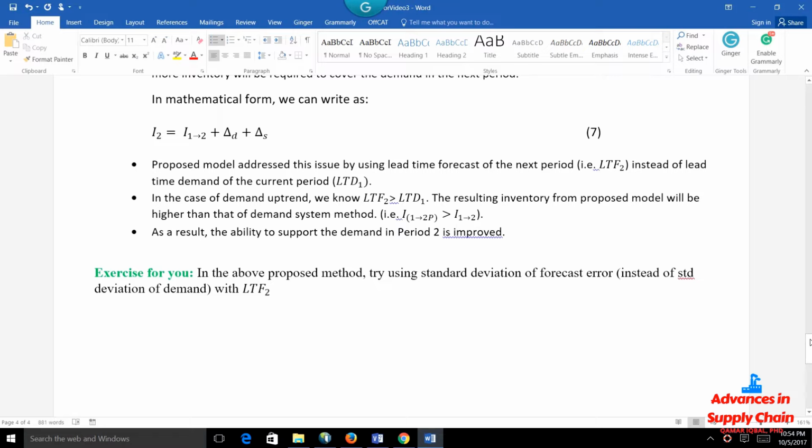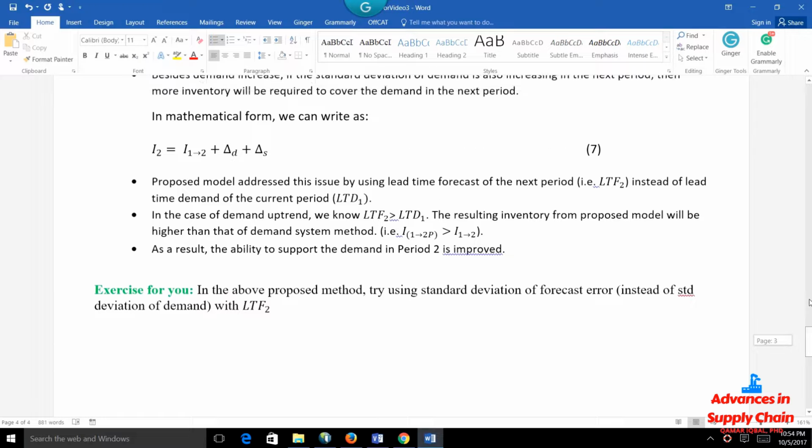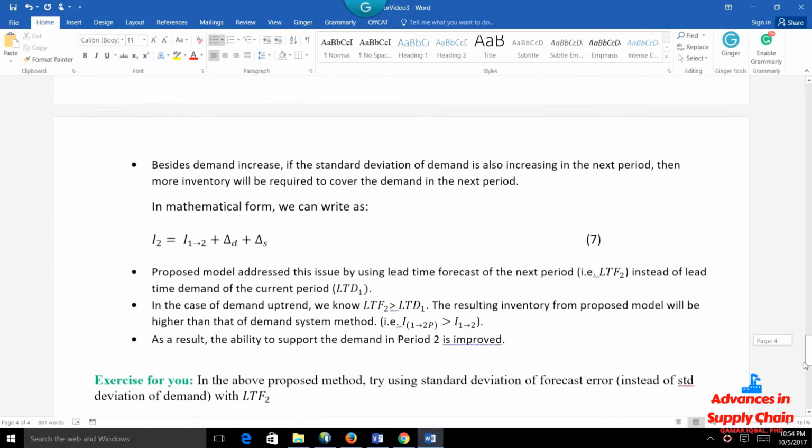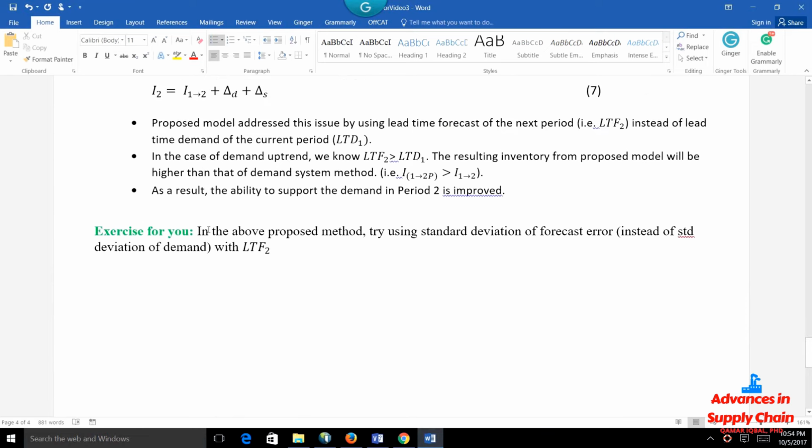Okay, so we are done with my proposed method and also the exercise that I gave you in my previous video. One more exercise for you. In my above proposed method, try using a standard deviation of forecast error instead of a standard deviation of demand.